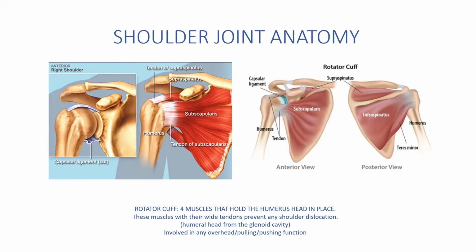In the same position, anything that we do going out, so in extra rotation, it's the infraspinatus and the teres minor. Then we have the supraspinatus that helps mainly in the abduction of the arm. So anytime we lift our arm outwards, for example when we do a lateral shoulder raise, that muscle holds the head of the humerus inside the socket.